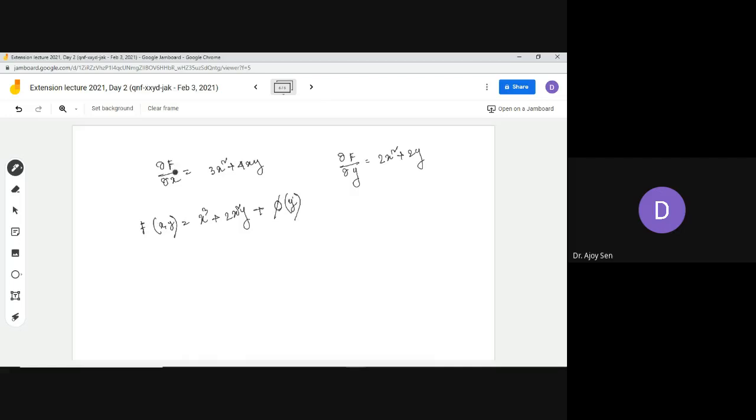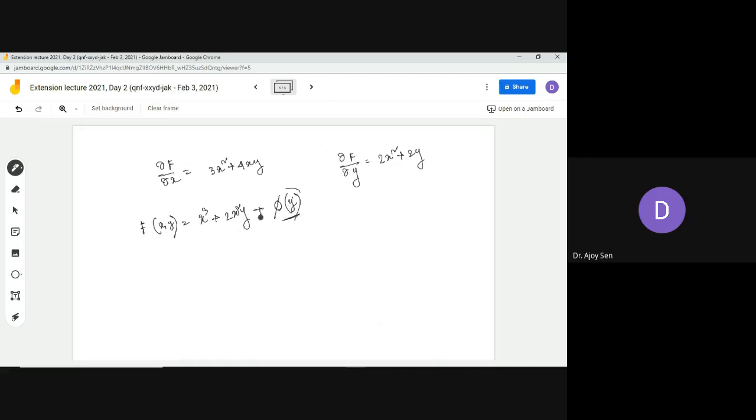Whenever you talk about the partial derivative with respect to x, you are treating y as constant, so any term which involves only y will get cancelled when you take the partial derivative. So that term will come.